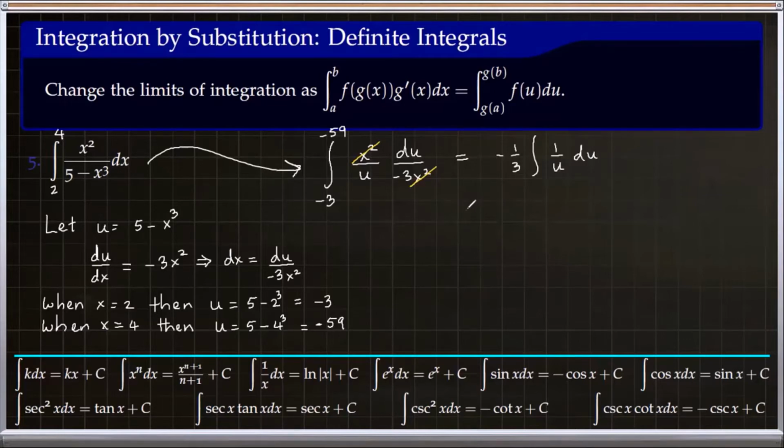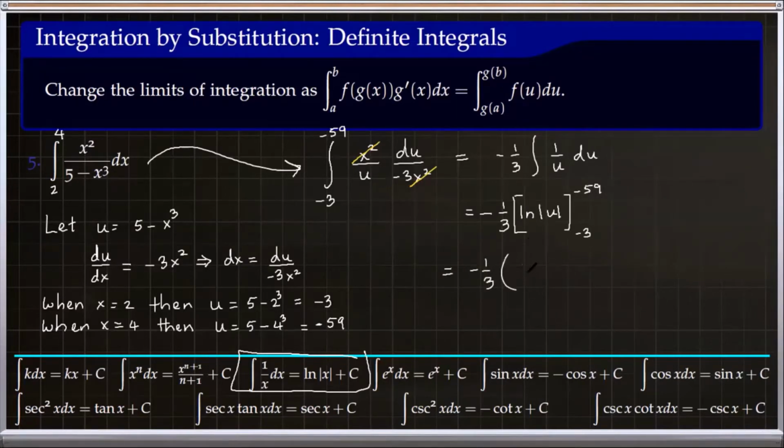So now we just need to use one of the formulas we have available to get the integral of 1 by u, and we'll be using this formula. So this becomes negative 1/3 natural log of u, and we are evaluating this from negative 3 to negative 59. So we have natural log of the absolute value of negative 59 minus natural log of the absolute value of negative 3.